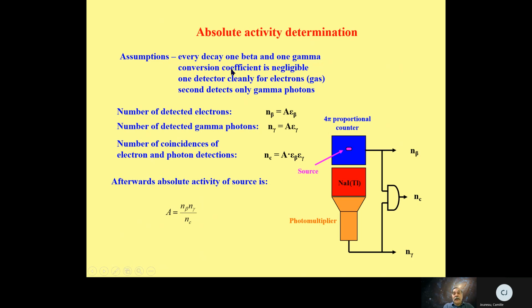And it's necessary that the conversion coefficient is negligible because if it is not negligible, you have new electrons, not only from beta decay.